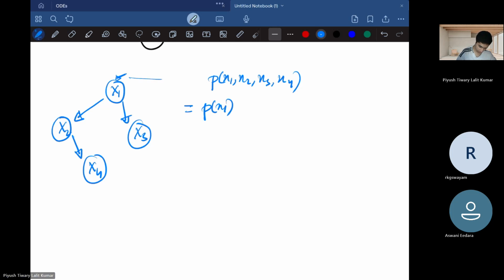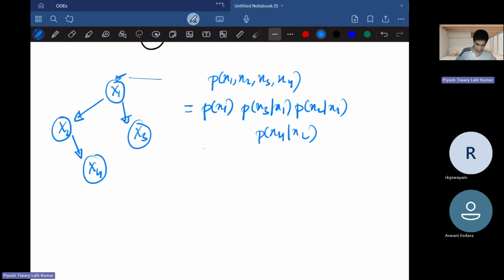So you have P of x3 given x1, and P of x2 given x1, right? And then you have x4, which is only influenced by x2. So you have P of x4 given x2. So this is the joint distribution of all the four random variables.